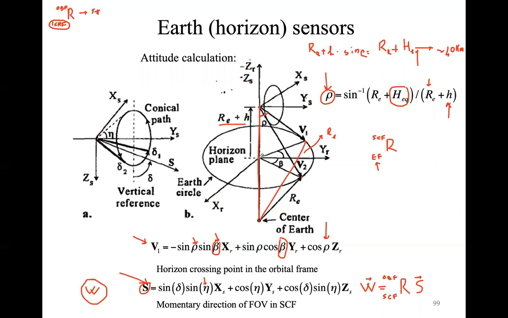So if you put this reference frame centered on the spacecraft, you can see this reference frame R as very close to the orbital reference frame, especially if the spacecraft is moving along a circular orbit.